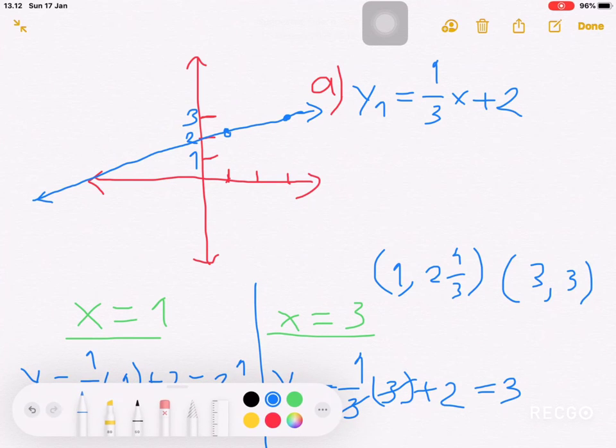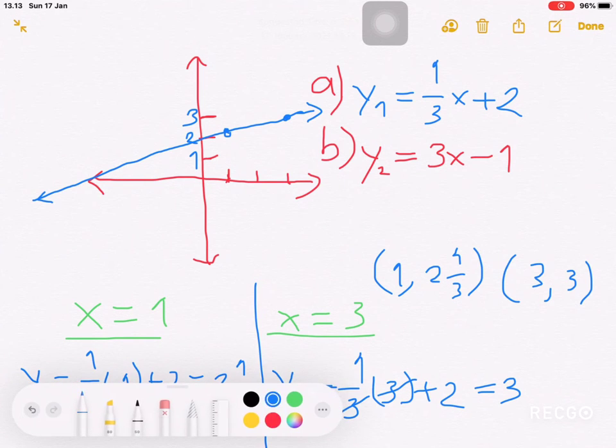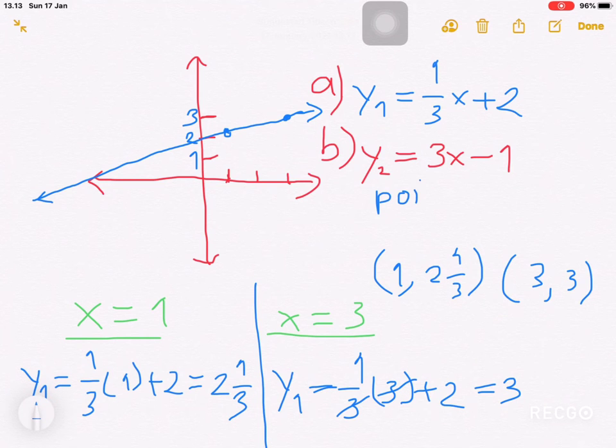So I'll just rewrite part B. Okay, so we'll just say given another line y2 is equal to 3x minus 1, and we need to find the point of intersection of these two lines.